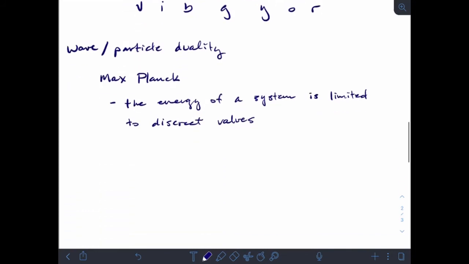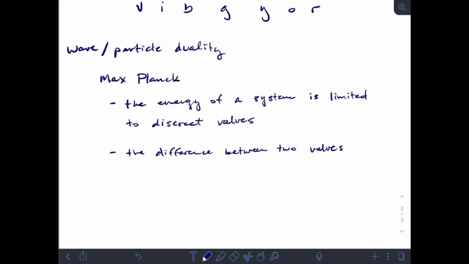Okay, and that the difference between those values is referred to as a quanta of energy.